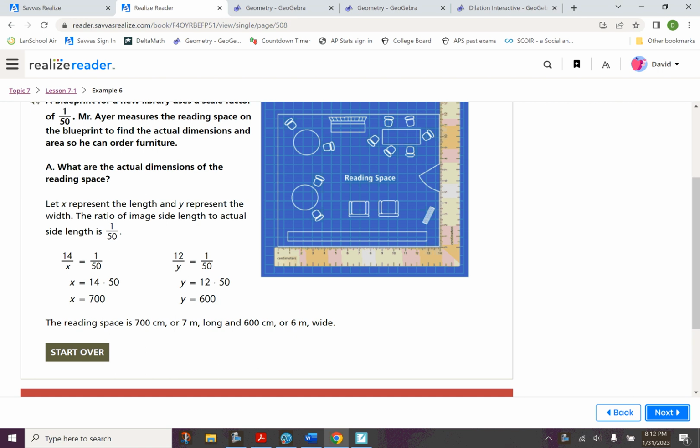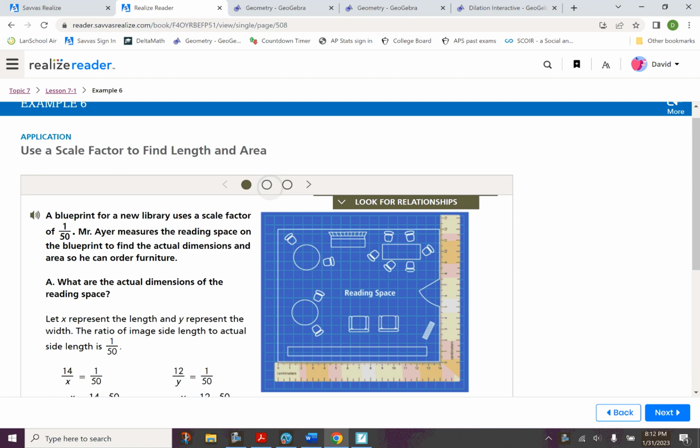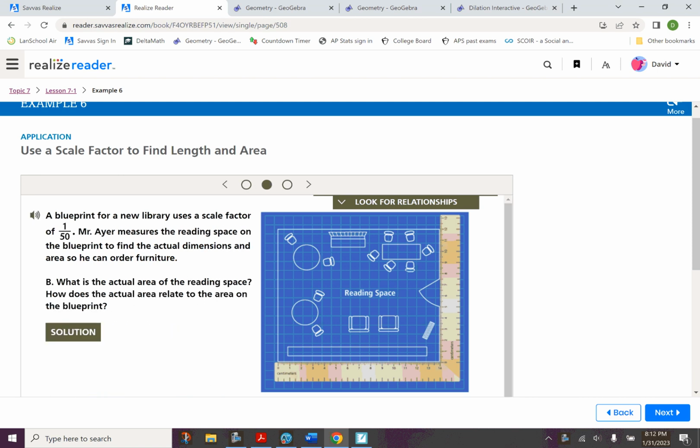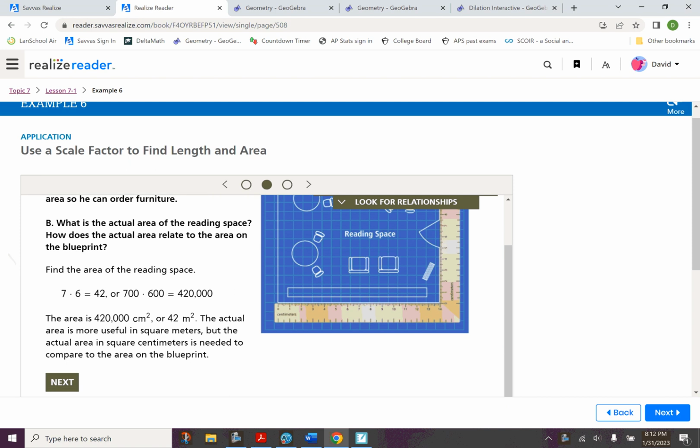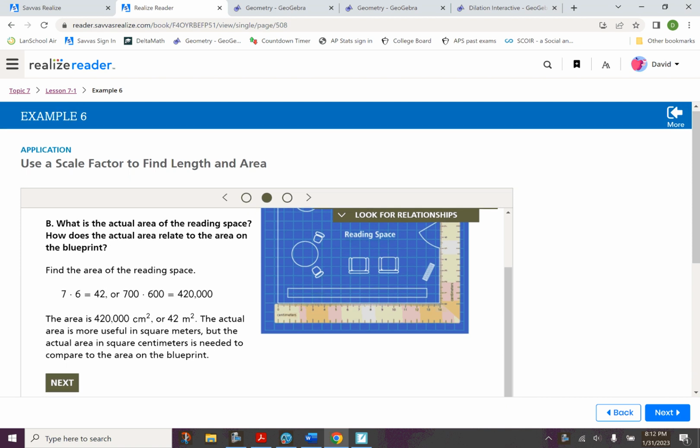Part A was just asking what the dimensions are of the reading space. Part B says find the area. Well, we just figured out that it's 7 by 6, that's 42 square meters.